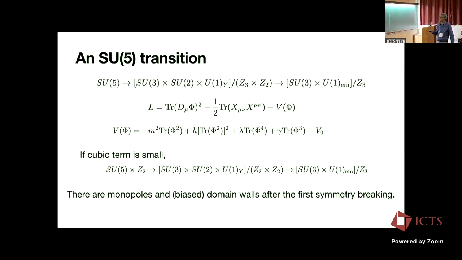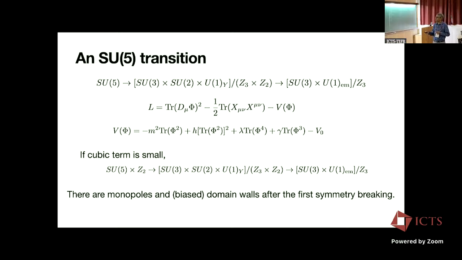It can be trace phi squared, trace phi squared squared, trace phi to the 4, trace phi cubed, and so on. Again, let me consider the case where gamma is small, so we can ignore this term for the moment. Then if the cubic term is small, the initial symmetry is SU5 cross Z2, because there's the additional symmetry of phi going to minus phi. And then in the first stage, the Z2 also breaks, and then of course you have domain walls.